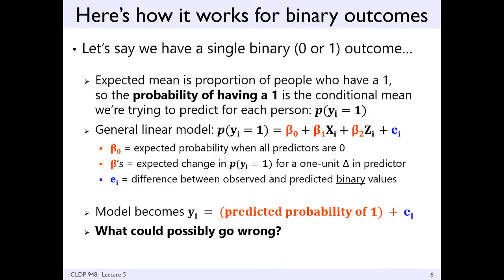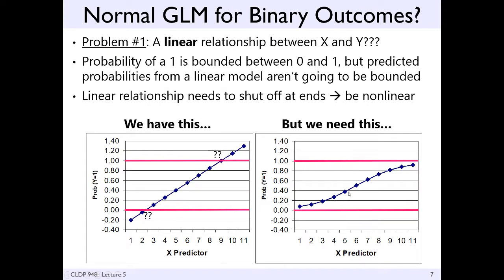So problem number 1, the idea that we need the model to predict a nonlinear slope. By predicting the logit of the binary answer with a linear model, that translates into a nonlinear model in predicting the probability.